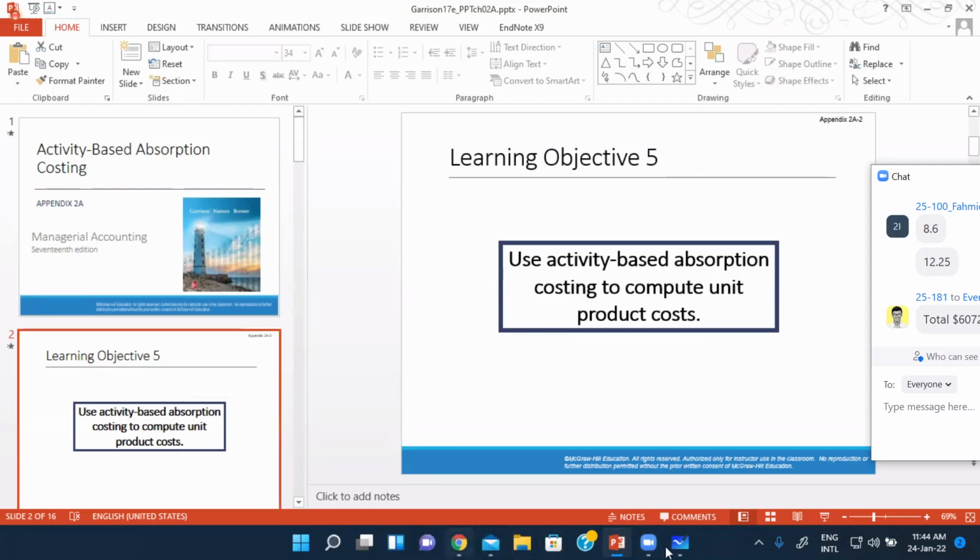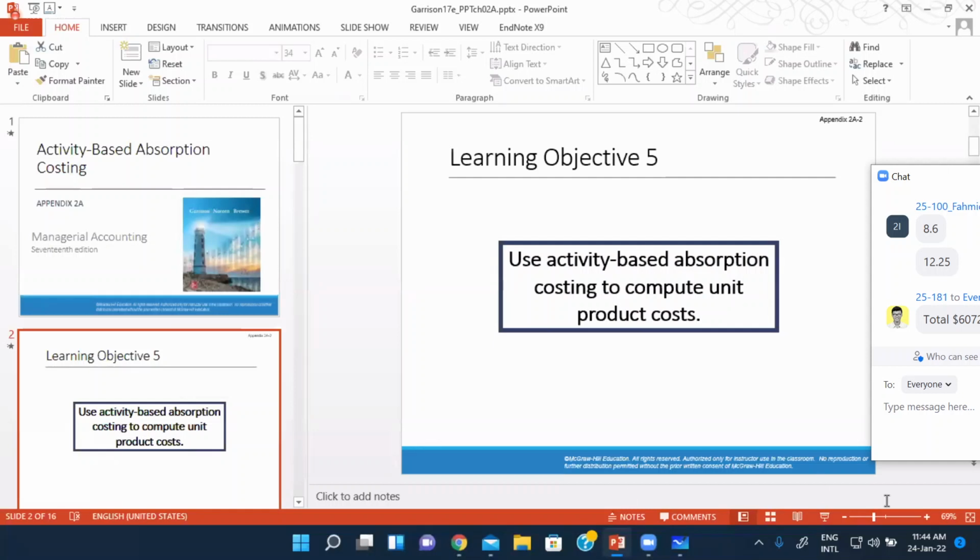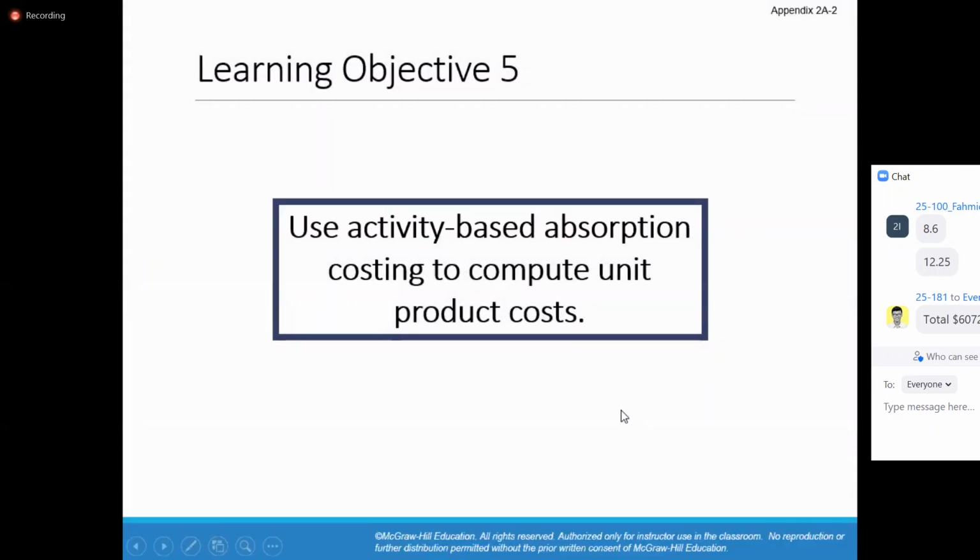Okay, so I hope you are with me. So let's check how this activity-based system of applying the overhead costing works. Okay, so this is part of the chapter appendix. We have two appendices with this chapter, chapter 2, if I'm not wrong.